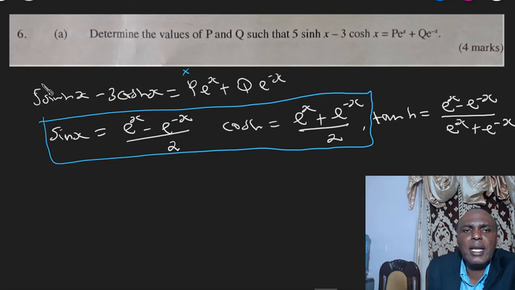We are going to replace cosh x and sinh x with these values given here in the expressions. So we rewrite the equation again with those values.